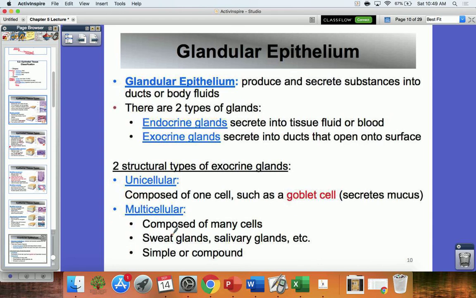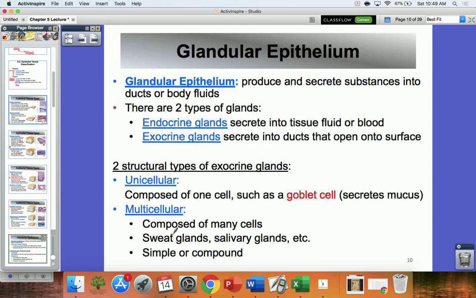And this last little part about epithelial cells will be our glandular epithelial, where we'll have our glands. Okay, so types of epithelium found in our glands. And if you think about types of glands, we have two different types: endocrine, exocrine.